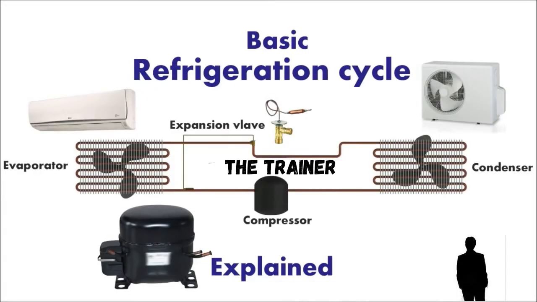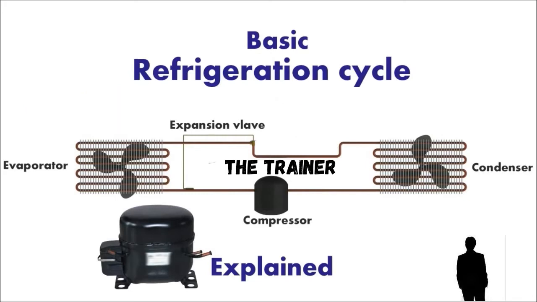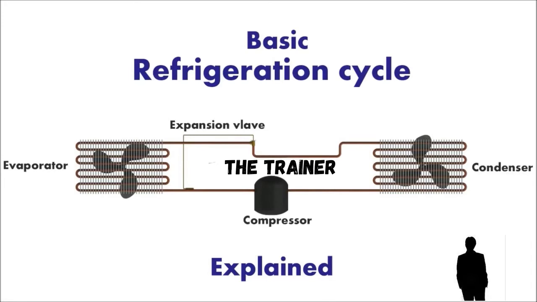There are four main stages in the refrigeration cycle where the pressure and the temperature change. These all occur within these four components. The first stage, in fact, let me just clear some of these off. Some room there. So the first stage happens at the compressor. The refrigerant enters the compressor as a low pressure warm gas.